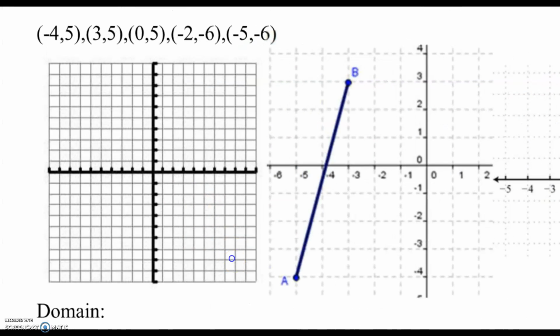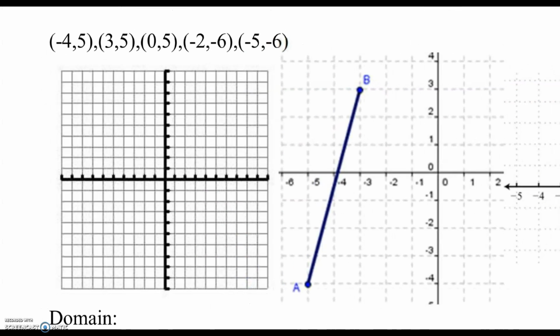So when I go to graph these, I've got -4, 5; +3, 5; 0 and 5; -2 and -6; -5 and -6. So every x value is different. So that means it's a function.